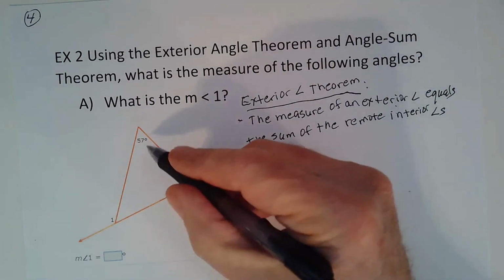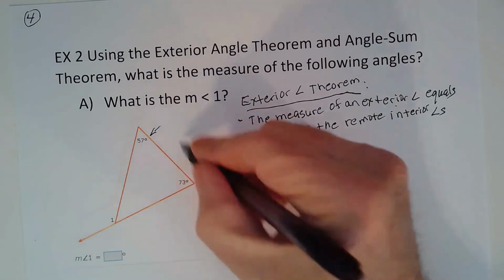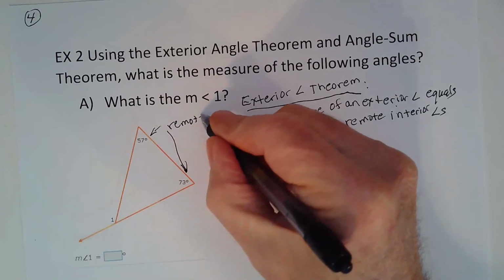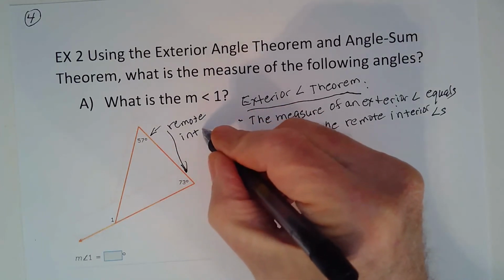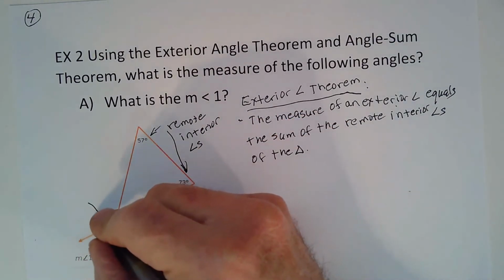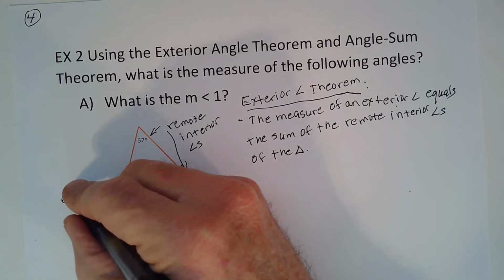Okay, so 57 degrees and 73 degrees, those are the remote interior angles. And of course, the angle 1 here is your exterior angle because it's outside of the triangle.